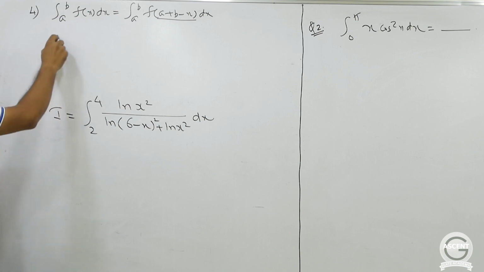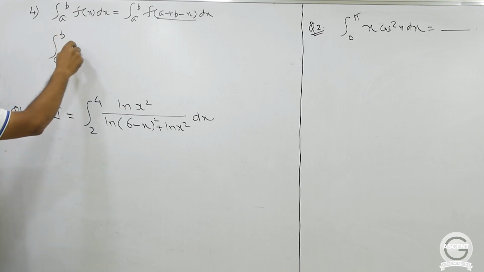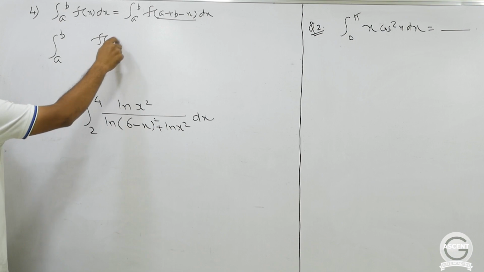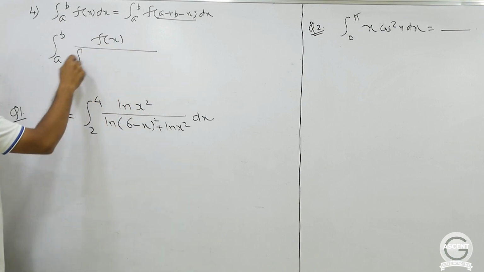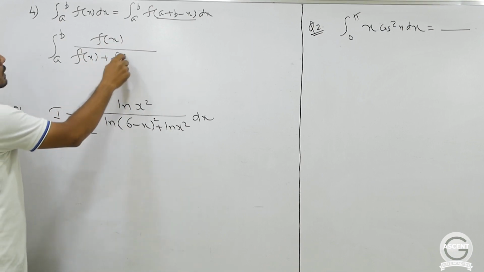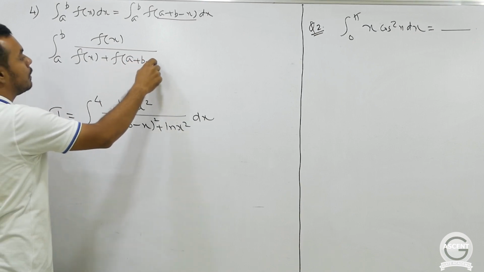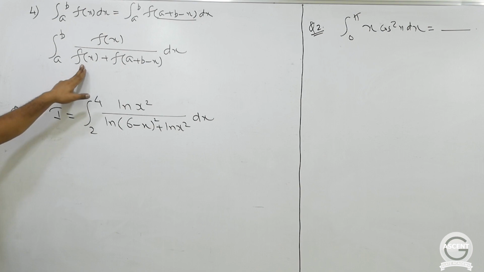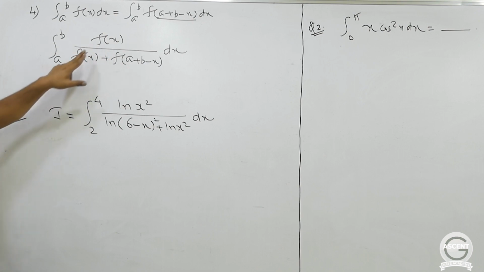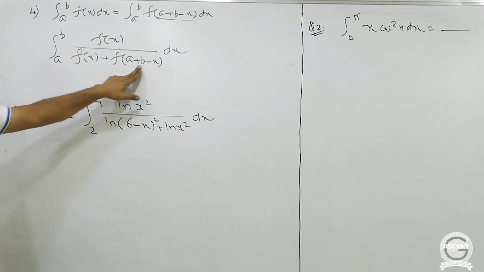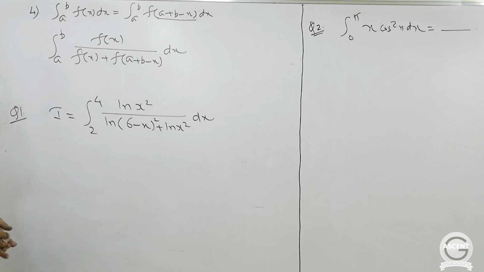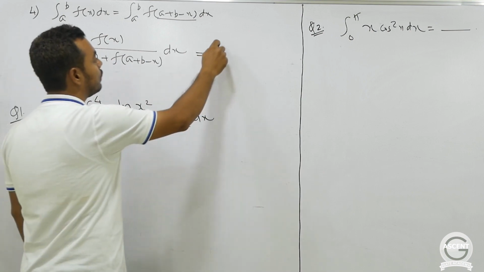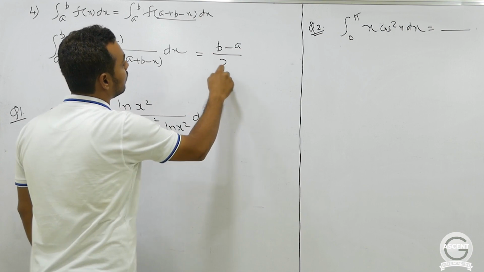So if I have to evaluate this integral, integration a to b of f(x) divided by f(x) plus f(a plus b minus x) dx. Whenever you see any integral in this form, where you have f(x) here and f(a plus b minus x) here, then you can directly write that the value of this integral will be (b minus a) by 2.